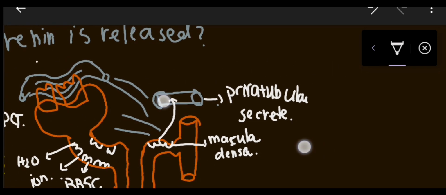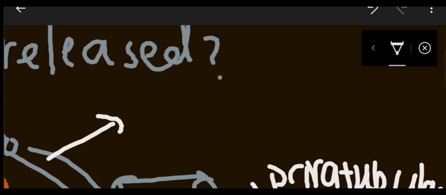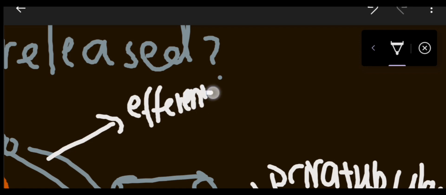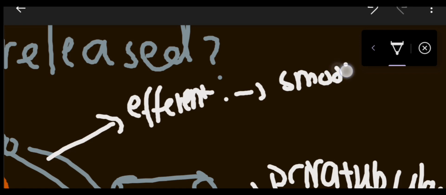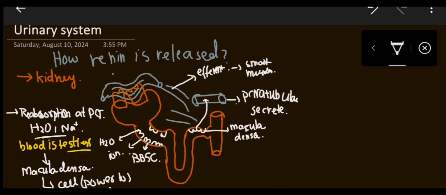So in the efferent arteriole, as we know, smooth muscles are present. The juxtaglomerular cells, which are also known along with the macula densa, will give a signal to the smooth muscles.